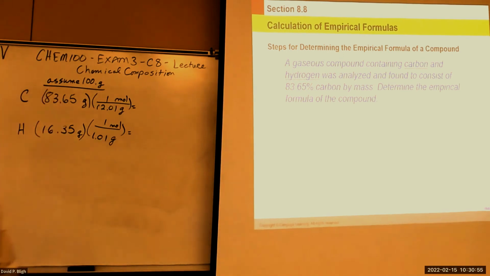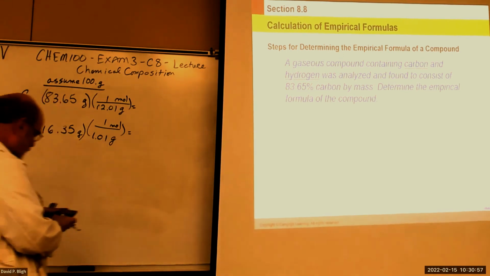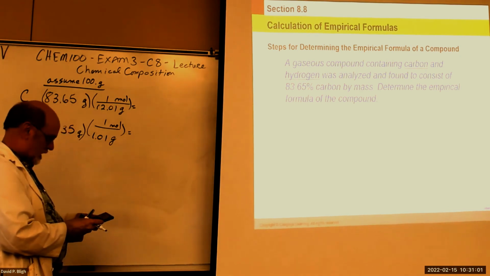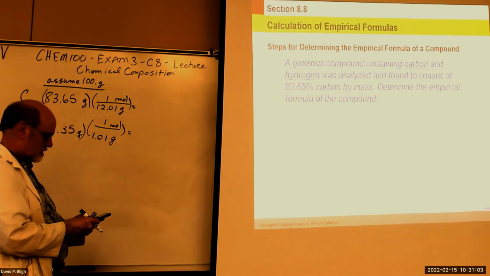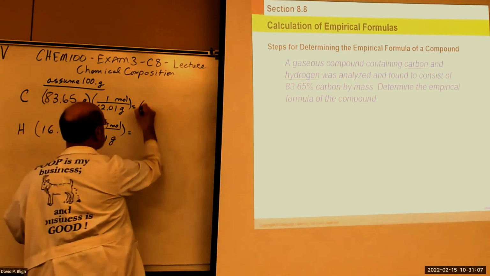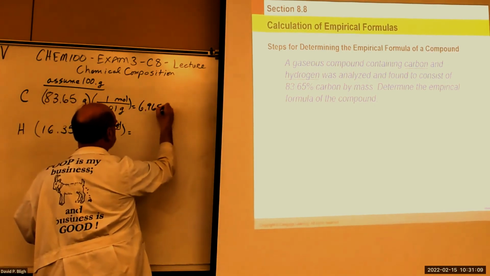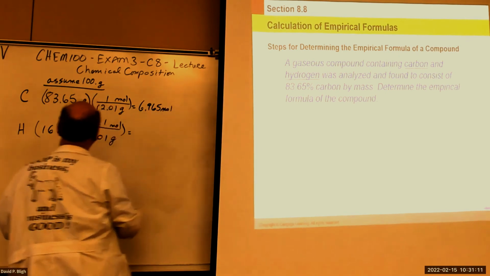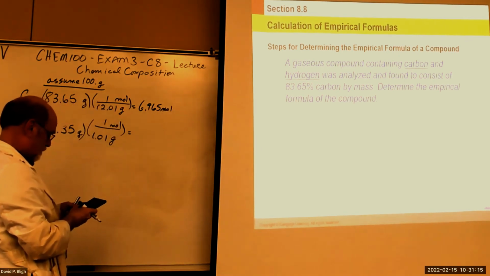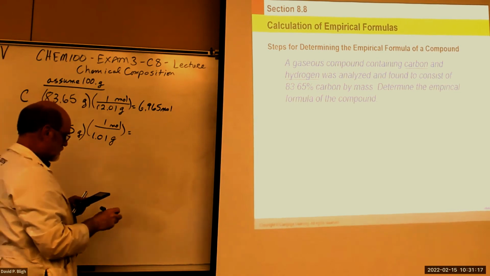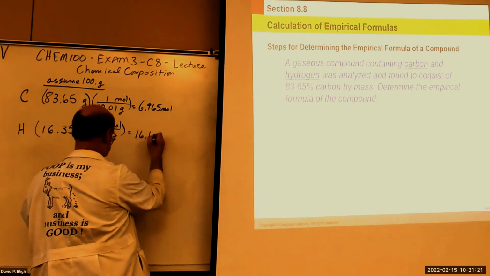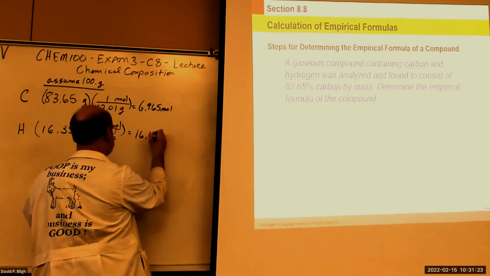All right, so let's see. 83.65 divided by 12.01 is 6.965 moles. And 16.35 divided by 1.01 is 16.188.